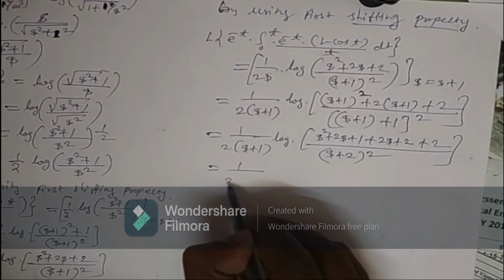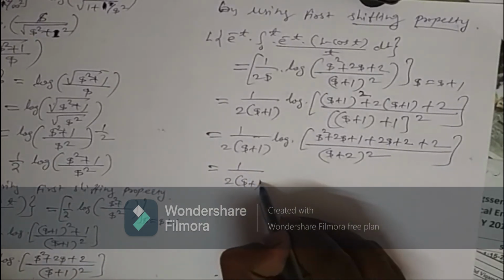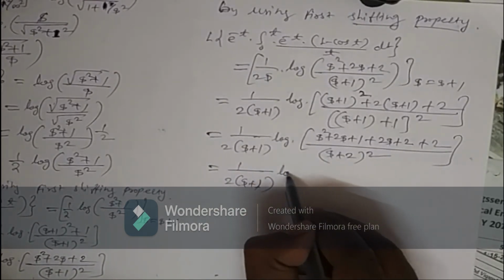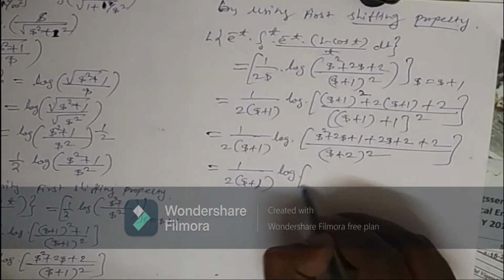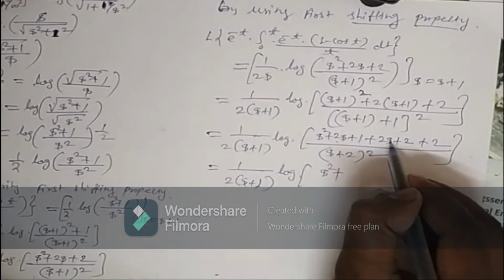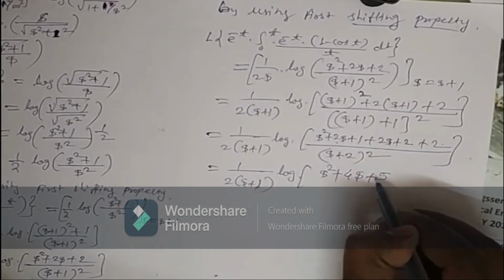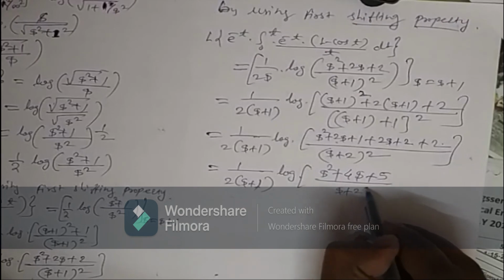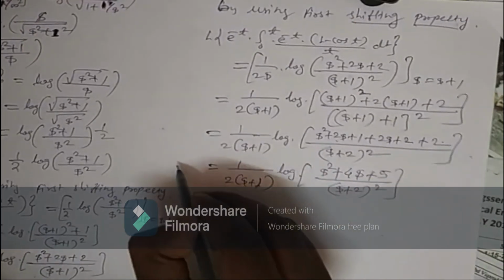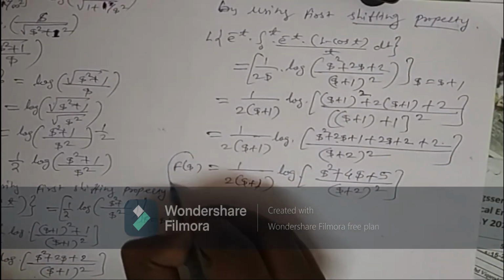Finally 1 upon 2 into (s plus 1), log of (s square plus 4s plus 5 upon (s plus 2) square). This is your final answer.